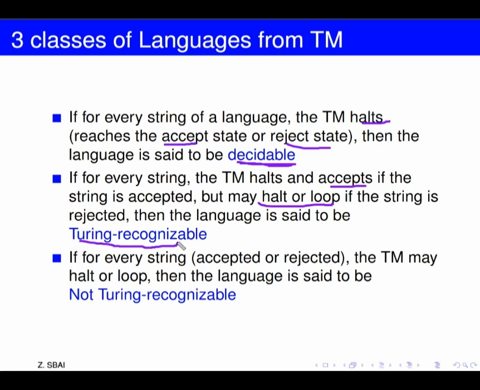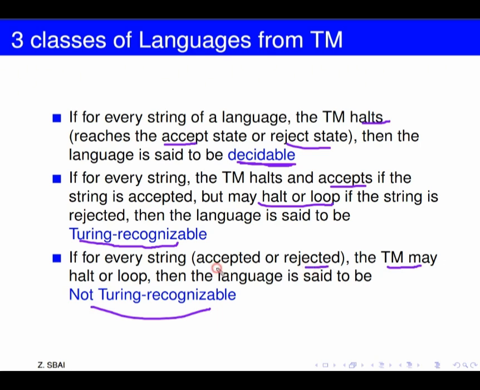Okay, one may wonder if there are languages that are not even Turing recognizable. The answer is yes. In fact, if we have a Turing machine for this language that may halt or loop for accepted strings as well as for rejected strings.